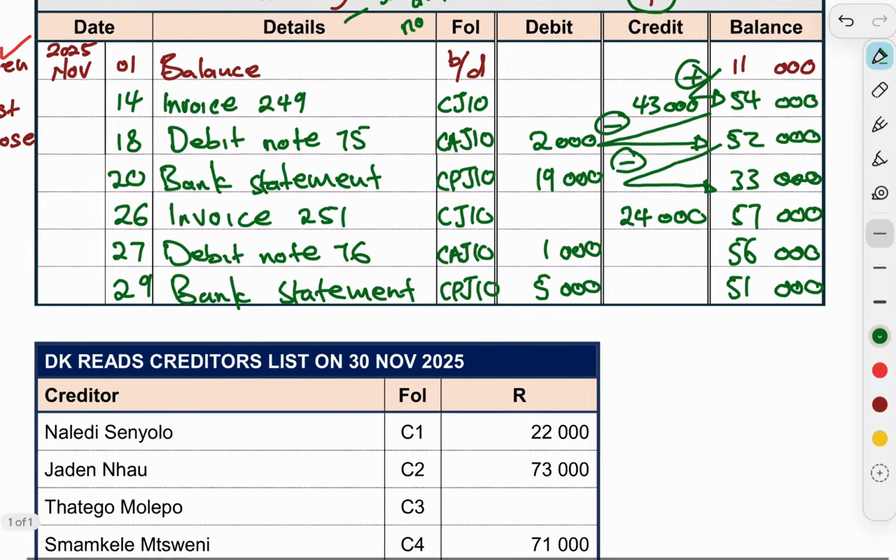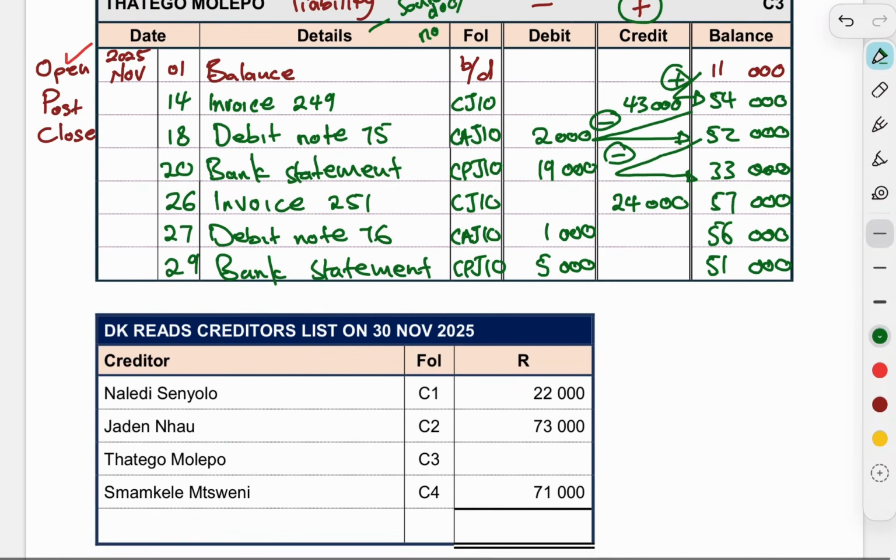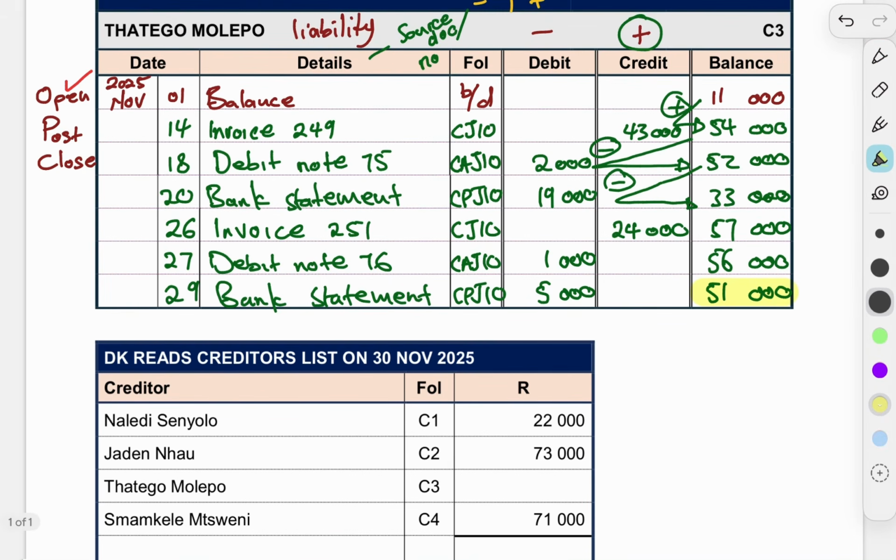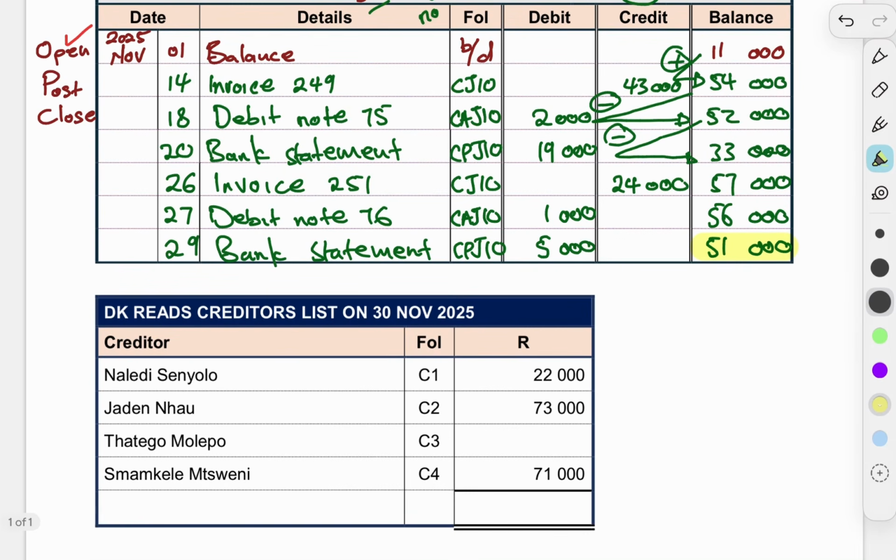Okay, so this balance at the end is the balance at the end of the month, for November, for Tatego Molepo. So where are we going to take this balance to? Already the other balances for the other creditors have been captured. So this is where this balance will go.